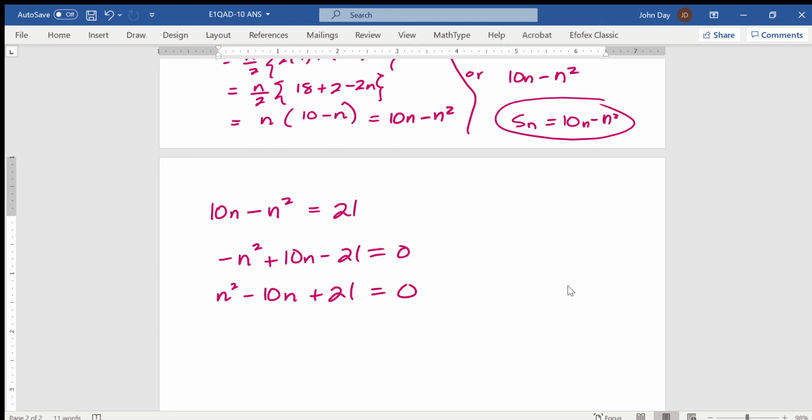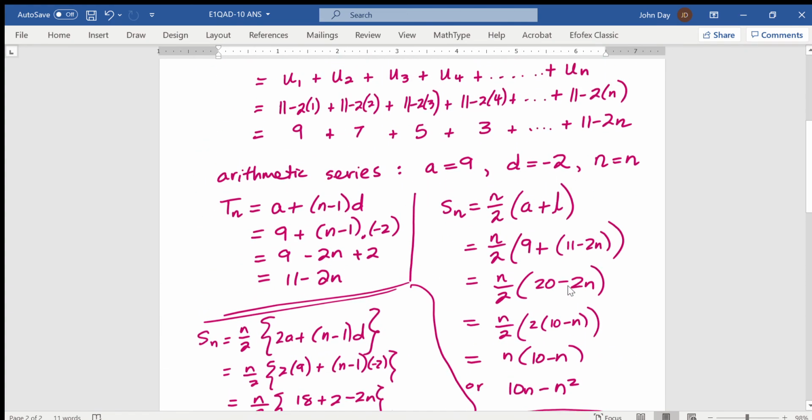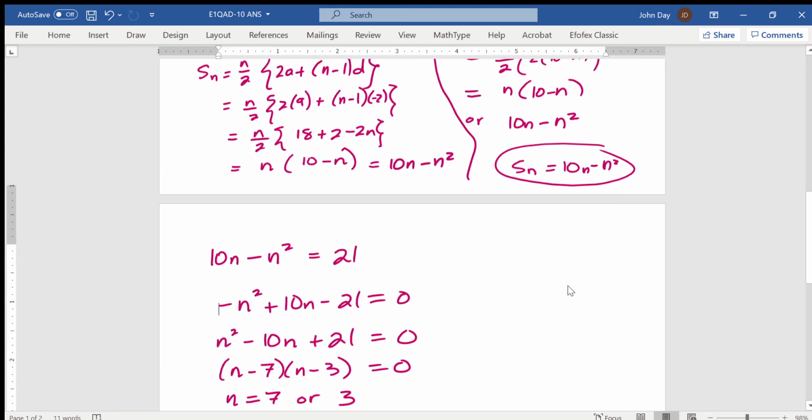Okay, so I can easily factorise that. Two numbers that multiply to 21 but add to minus 10 are n minus 7 and n minus 3. So n equals 7 or 3. So that's the answer. I think they just said find the values of n, so that's got the answer.